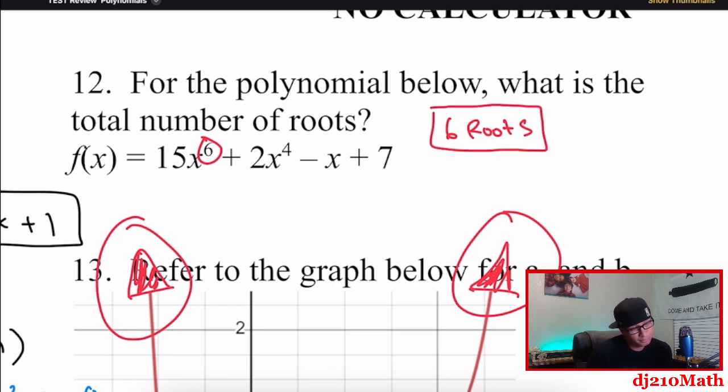Does it actually? Who knows? But it definitely has 6 complex numbers. Now, it could have less than 6, right? If you subtract, it could have 4, it could have 2, or it could have none, right?